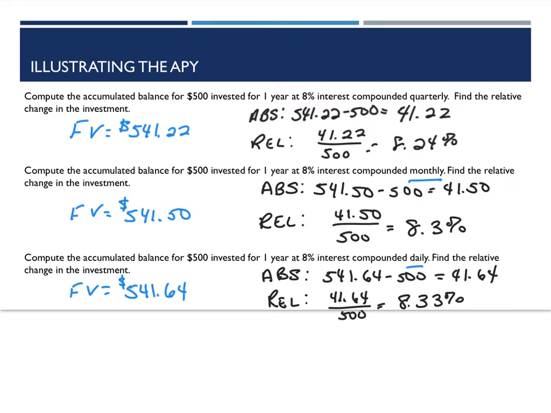But if we compounded more than once a year, the relative change increased. It wasn't just 8% anymore, because you would earn interest and then you would get interest on your interest. This relative change in your actual account balance from the beginning of the year to the end of the year, that is what your APY is. It's the actual percentage change in your account balance over the course of a year.